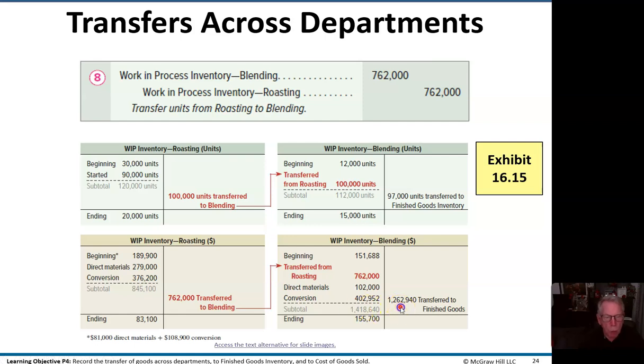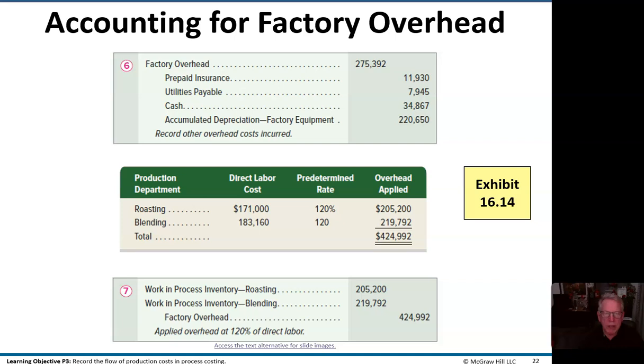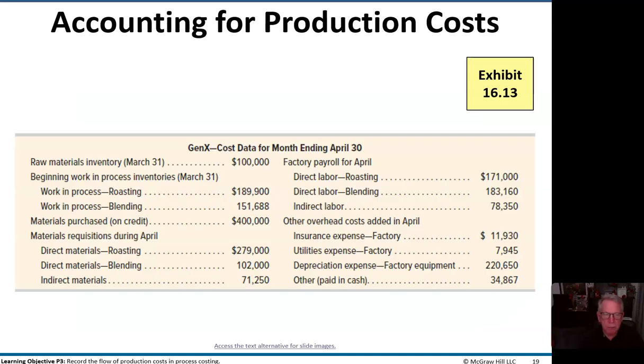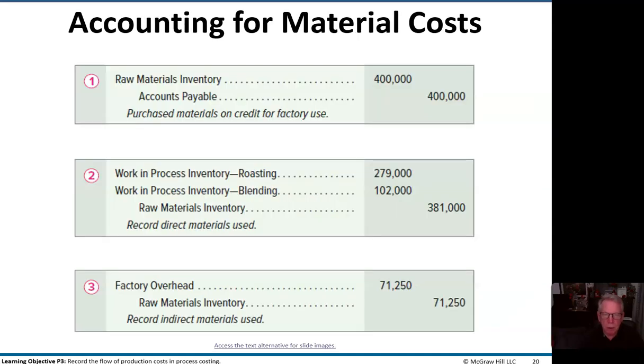We moved $1,262,940 into finished goods, leaving us $155,700 in blending. Okay, and you'll remember if I go back to review, we got those numbers from these calculations here.